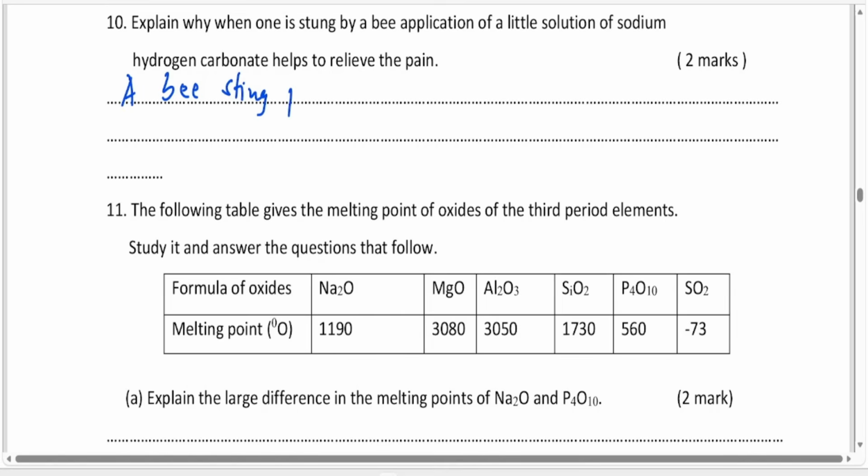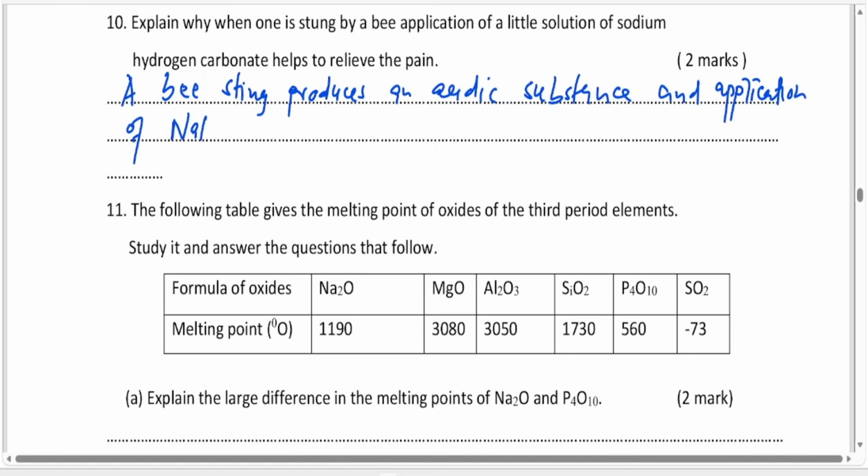A bee sting produces an acidic substance, and application of sodium hydrogen carbonate, which is a base, neutralizes the acid from the bee sting.